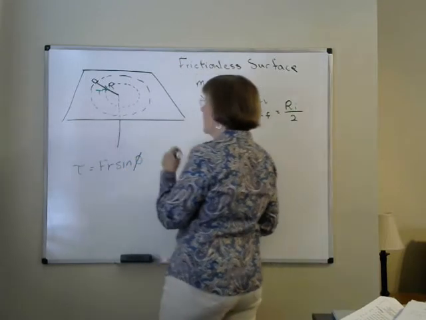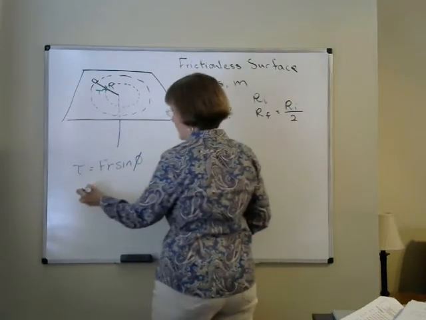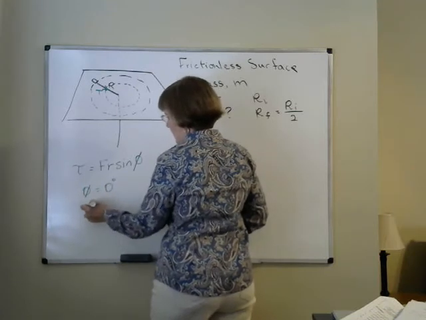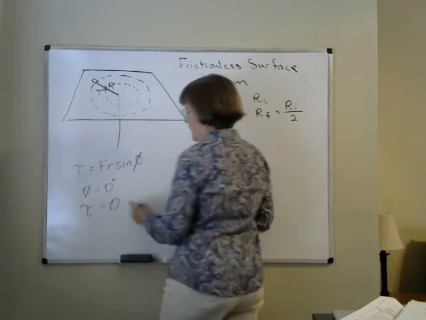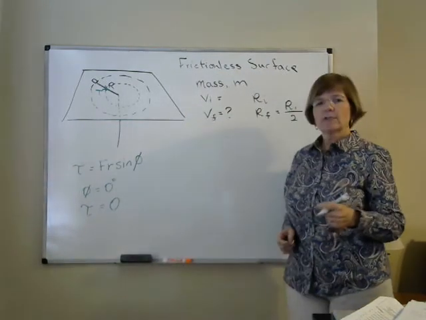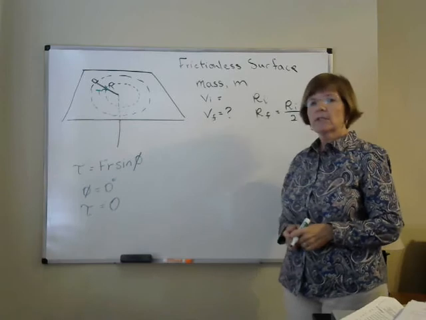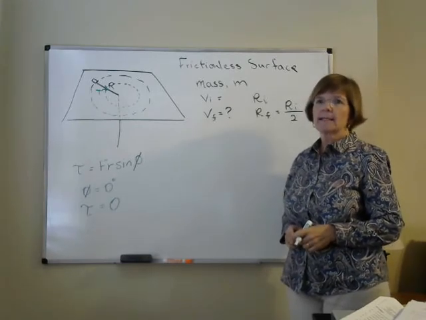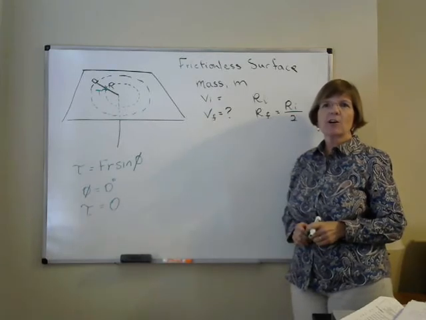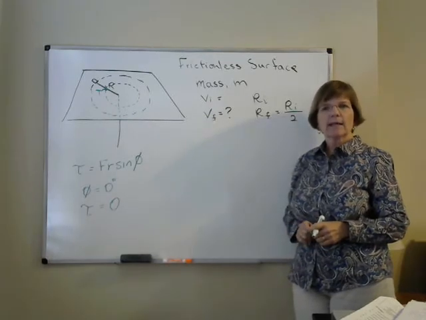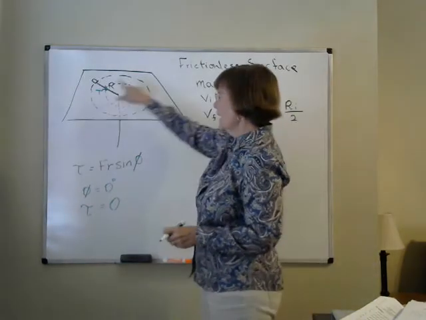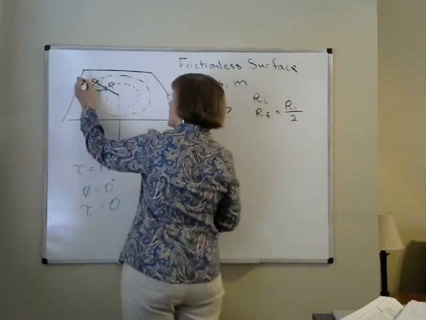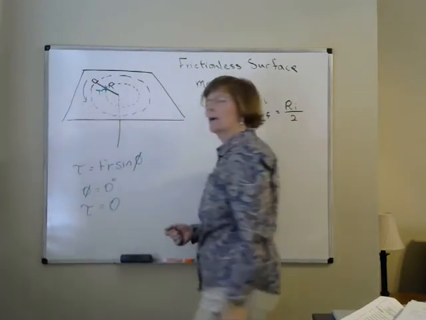When I try to do the torque formula, if I pull on the string, that angle will be in the direction of the tension. I don't exert any torque. In other words, pulling on that string does not cause a tendency to rotate. It doesn't want to cause it to rotate faster in either direction. We'll assume for now that it's rotating this way simply so we can have a positive torque.